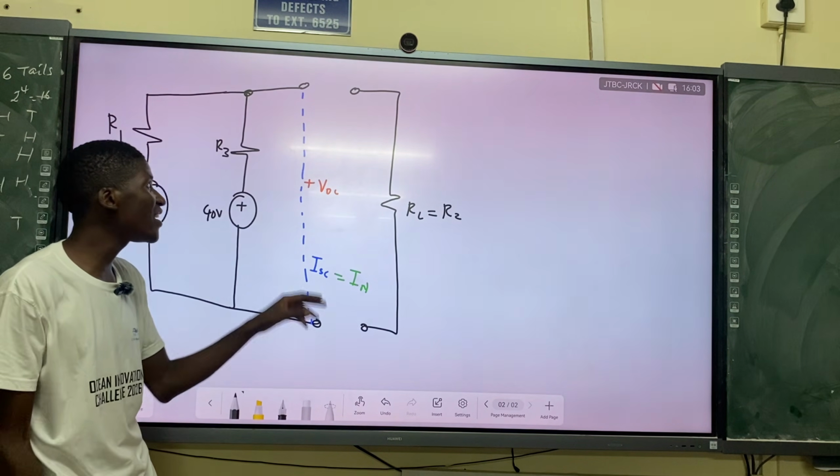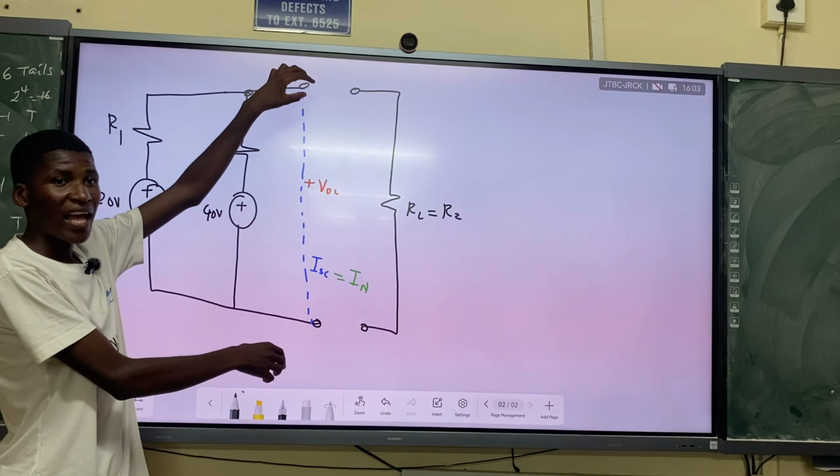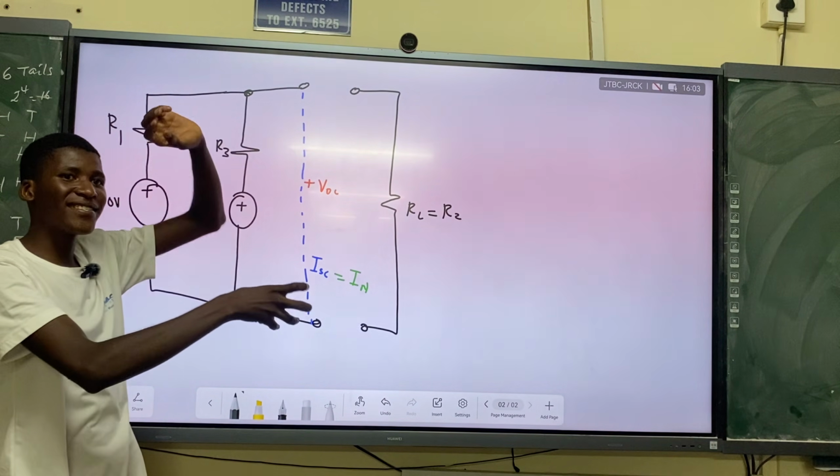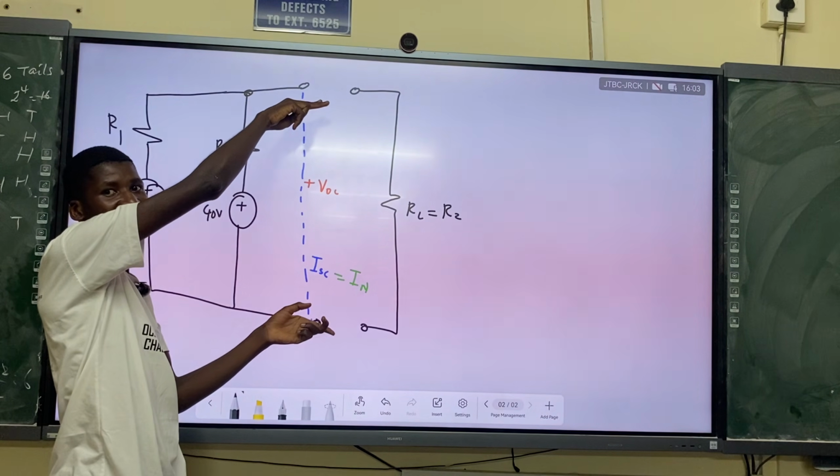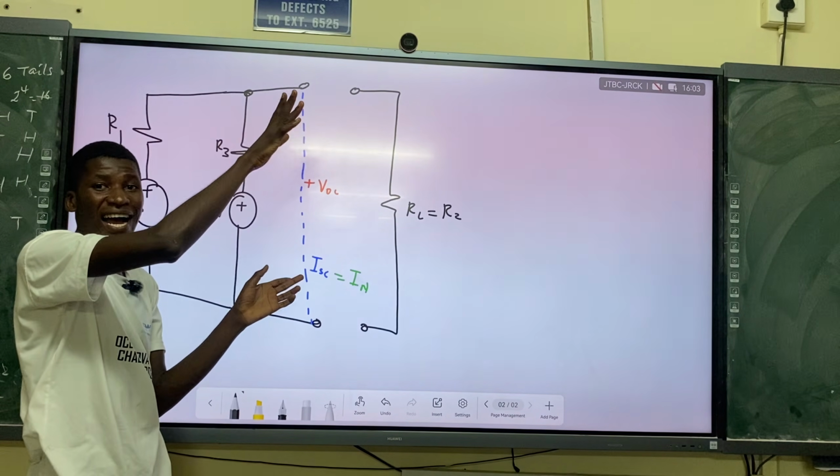Okay, so at the beginning we open the circuit. There is no conductor in between. It's just an open circuit, the wires just open like this, so we assume that there is no current there.